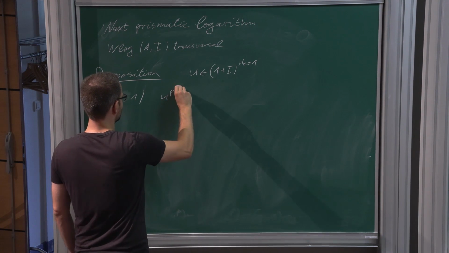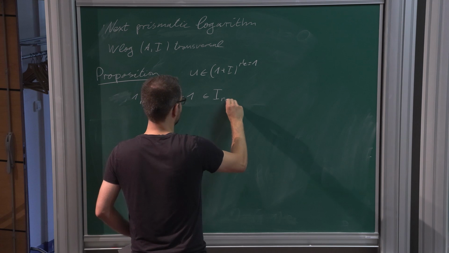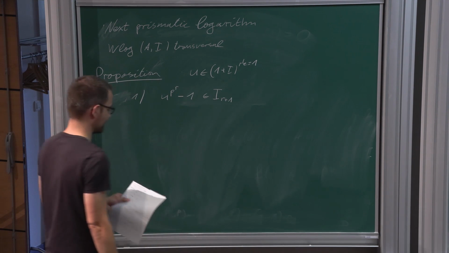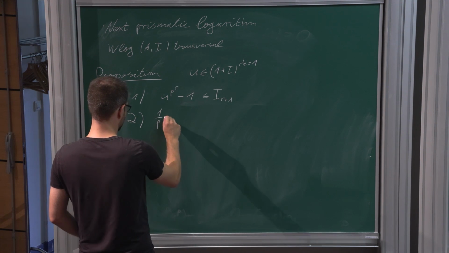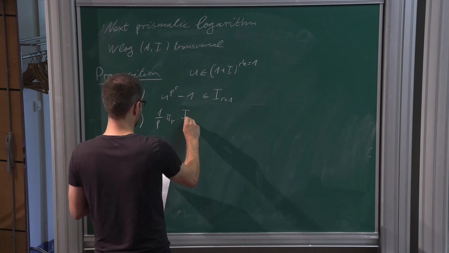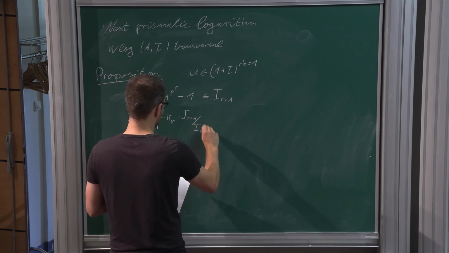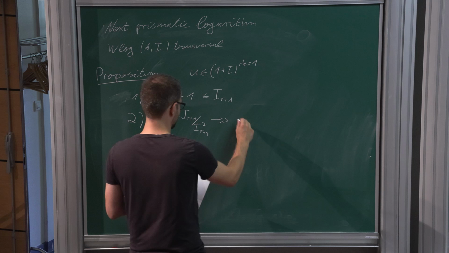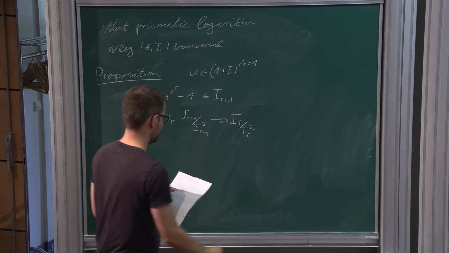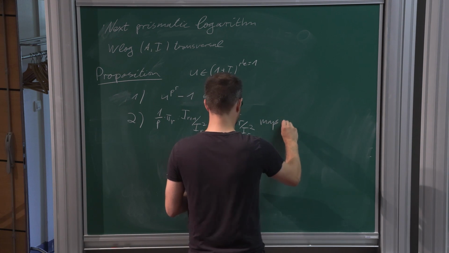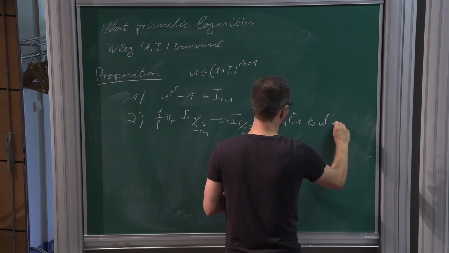the first claim is that u to the power p to the r minus 1 lies in I_r plus 1. And secondly, if I consider the map 1 over p times pi_r as a map from I_r plus 1 modulo I_r plus 1 squared, which is a surjection to I_r modulo I_r squared, then this maps u to the p to the r minus 1 to u to the p to the r minus 1 minus 1.